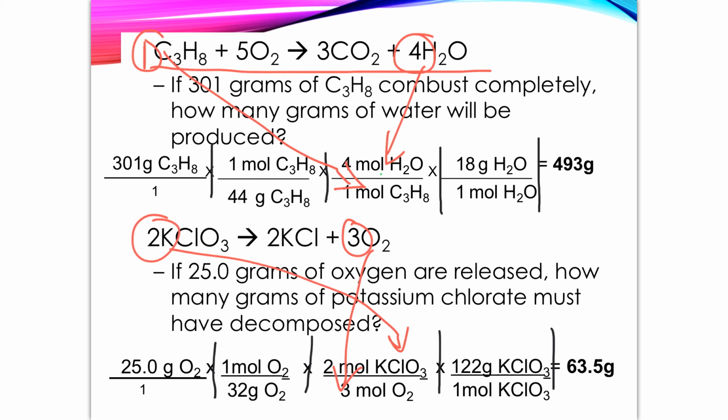Take that large numerator divided by the large denominator, and you'll get your final answer. So you should have gotten 493 grams for the water and 63.5 grams for the potassium chlorate.